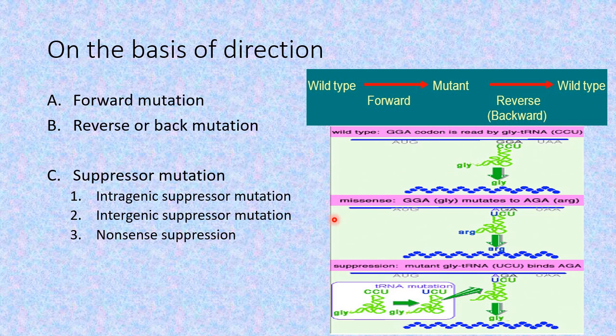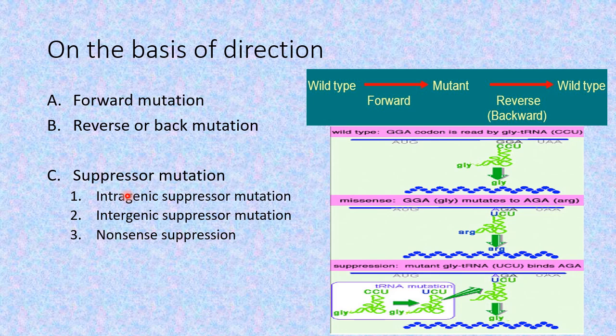However, if a mutation partially or completely restores the function of another nucleotide sequence, then it is known as the suppressor mutant. Reverse mutants restore back the original nature of the particular stretch of nucleotide.